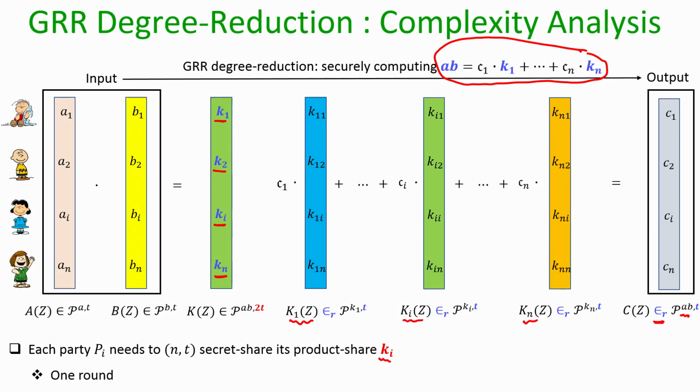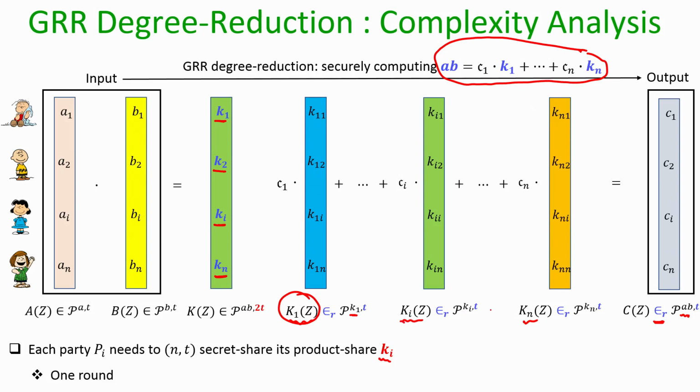Even though in the slide I have shown that K1 is picked and then K2 and then Ki and then Kn is secret shared, that need not be the case when we are actually implementing it, because when P1 is secret sharing the value K1 through its polynomial, independently and in parallel P2, or any other party, can pick its secret sharing polynomial and start distributing the shares of the corresponding Ki values.